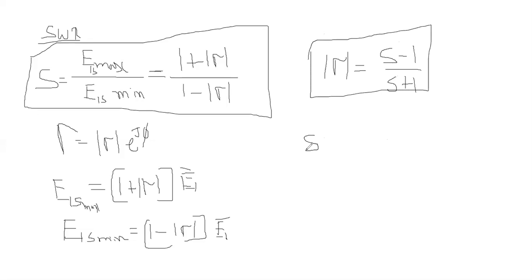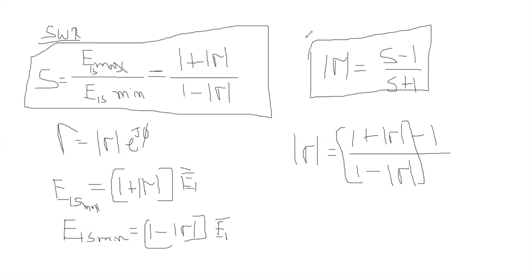Or you can assume, what is S? The reflection coefficient is equal to, taking S as 1 plus the magnitude of the reflection coefficient by 1 minus the magnitude of the reflection coefficient, S minus 1 by S plus 1.